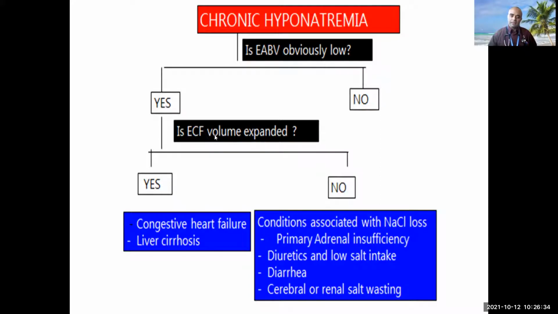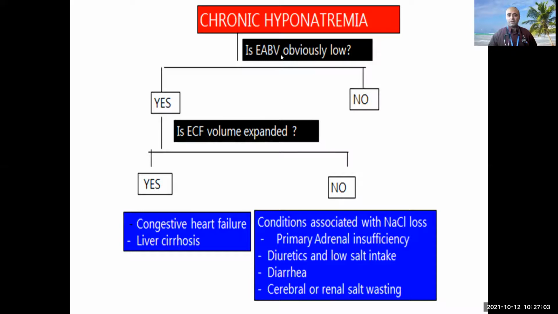If it is expanded, yes, this means I have two possible patients: either congestive heart failure or liver cirrhosis. If the extracellular fluid volume is not expanded, we go to this side. The condition may be associated with sodium chloride loss, especially from the GIT, diarrhea, nausea, vomiting, or primary adrenal insufficiency, diuretics with low salt intake, cerebral or renal salt wasting. Now we will go to the second algorithm.